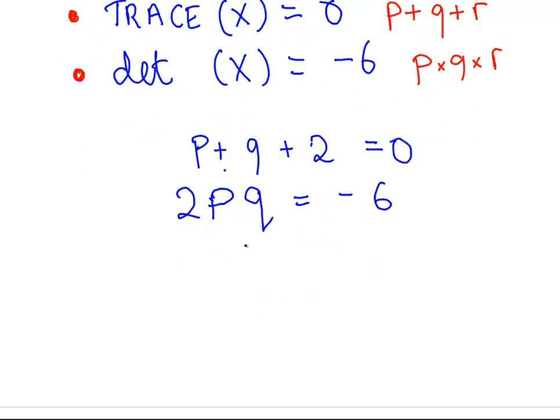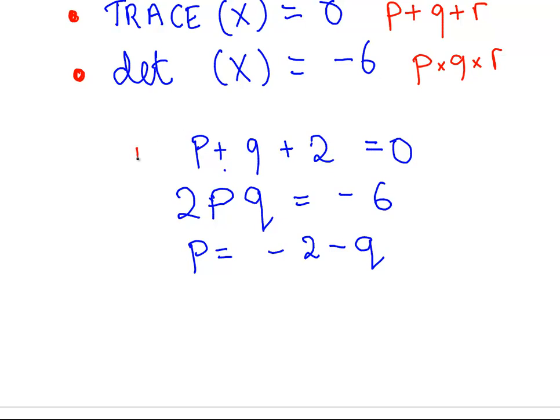What we could do is rearrange the top equation, and we can say that p is equal to minus 2 minus q. That's just rearranging the top equation again. Let's substitute that into the second equation.